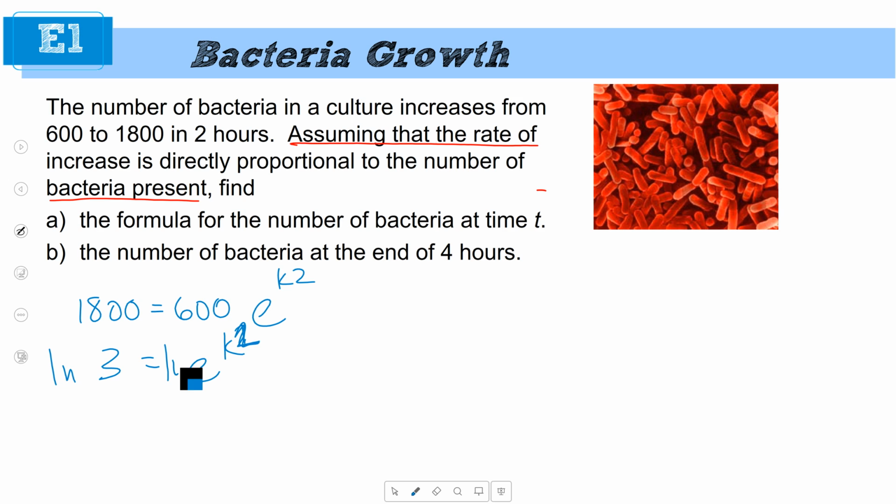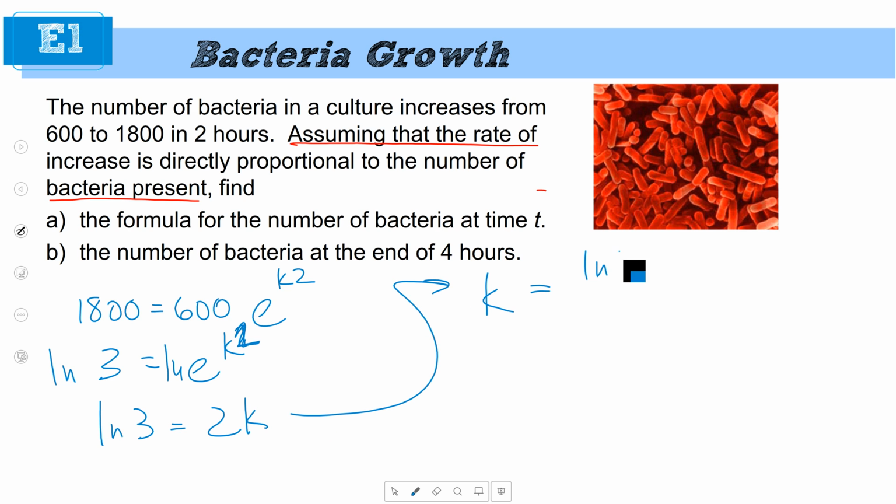Take the natural log of both sides. So that is the natural log of 3 is equal to 2k. So k is equal to the natural log of 3 divided by 2. Little help here, it is approximately, 3 decimal places.